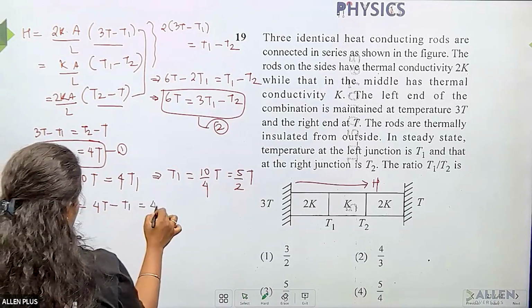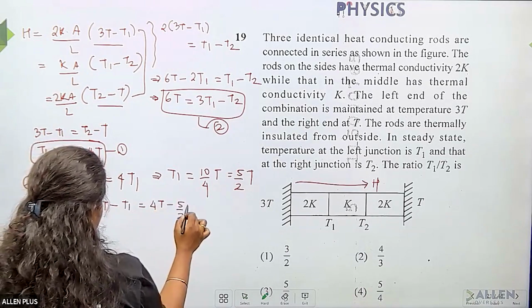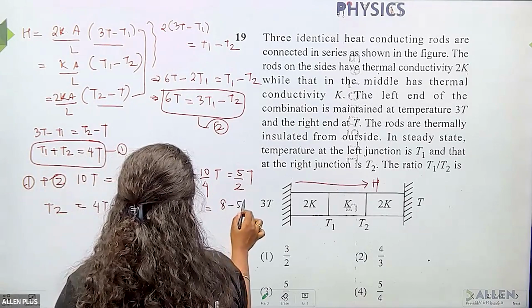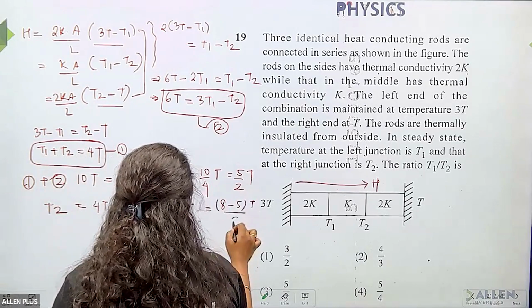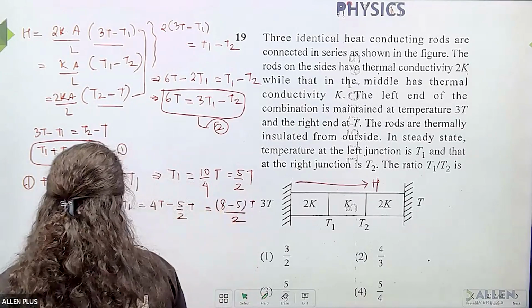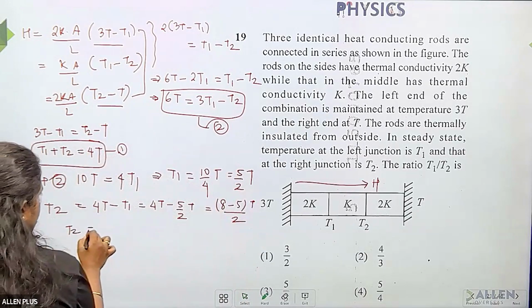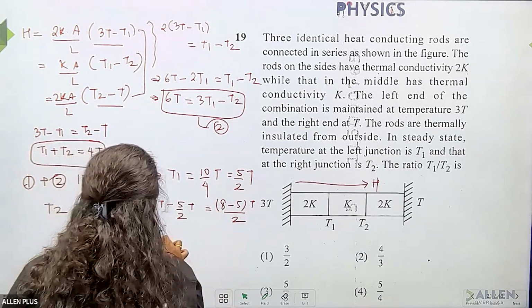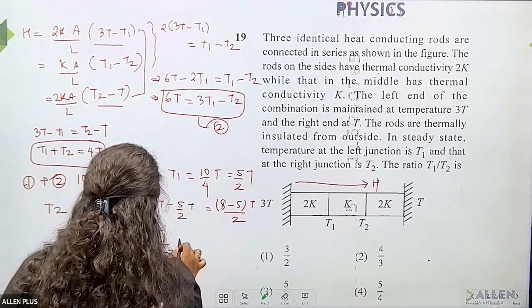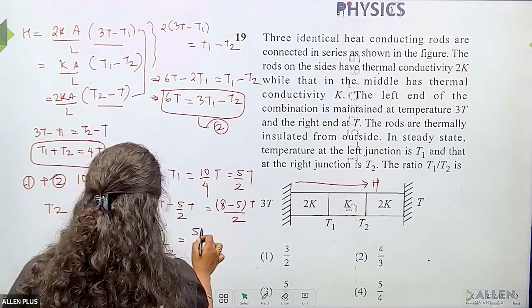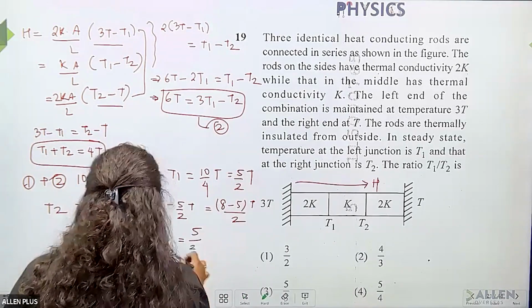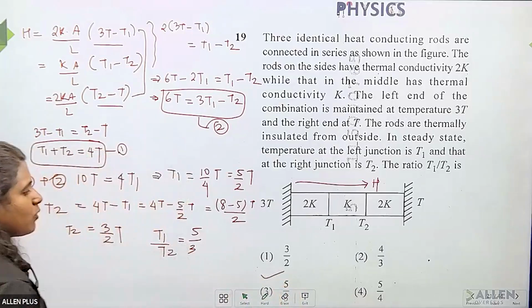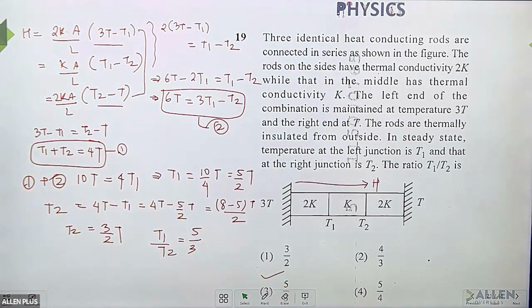This is equal to 4T minus 5 by 2 T. This is equal to (8 minus 5) whole T by 2. So T2 is equal to 3 by 2 T. Now take the ratio. T1 by T2 will be equal to 5 divided by 3. 5 divided by 3 is the third option which we are having over here. That is the answer.